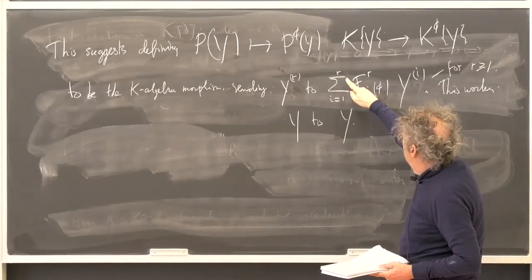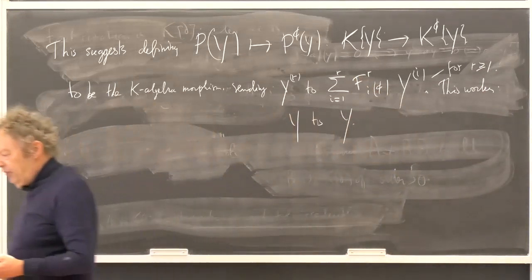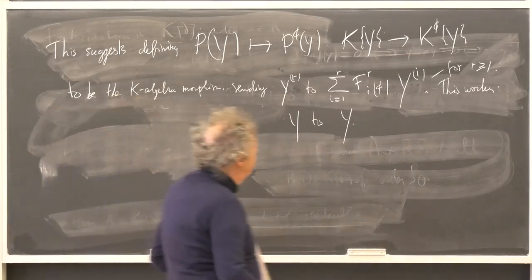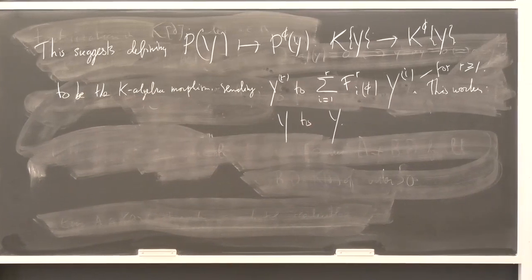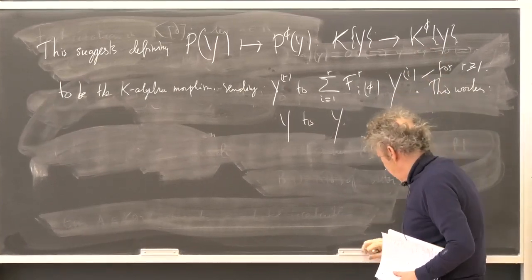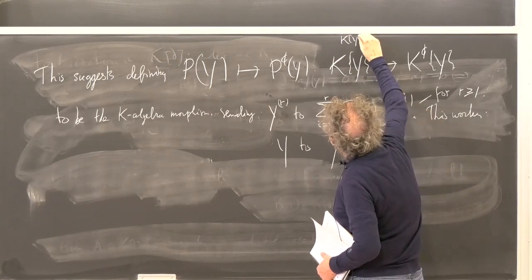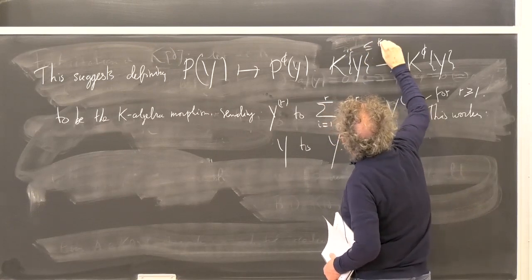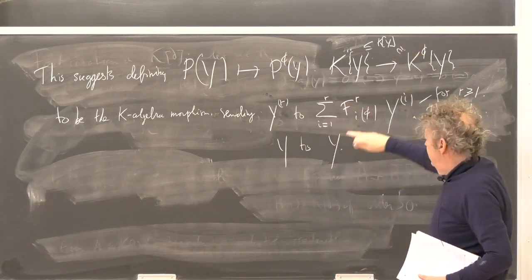For R equals 0, this sum would be 0, but y goes to y itself, because the ordinary polynomials in y are part of both this differential polynomial ring and this differential polynomial ring. So let me say that again. The ordinary polynomials in y form a common subring of both.